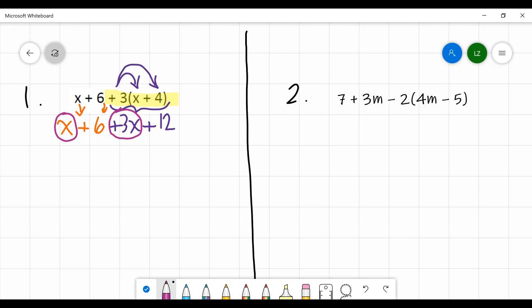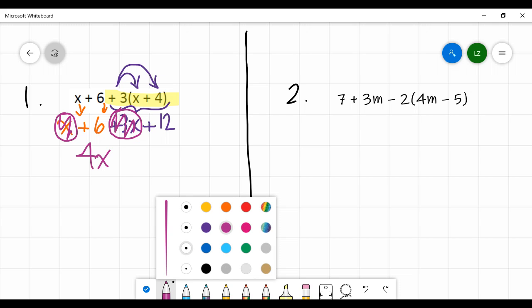Notice I'm circling my x-like terms, and I also included my operation in front of the 3, which is plus 3 or positive 3. So if I have 1x, understood 1x, plus 3 x's, I will have a total of 4 x's. And I can now cross those off. They are gone. We are done simplifying those.